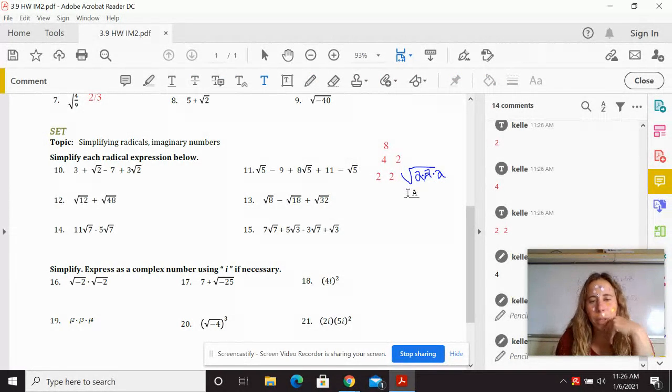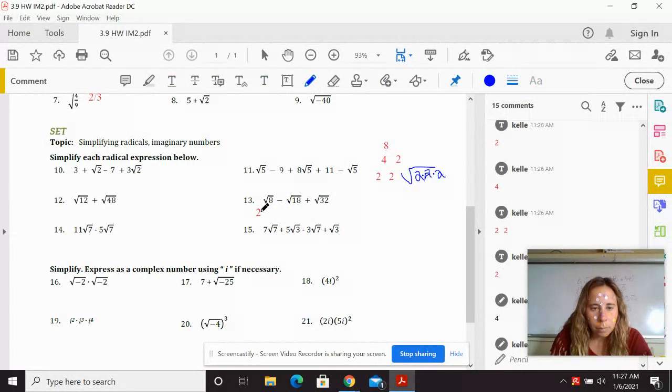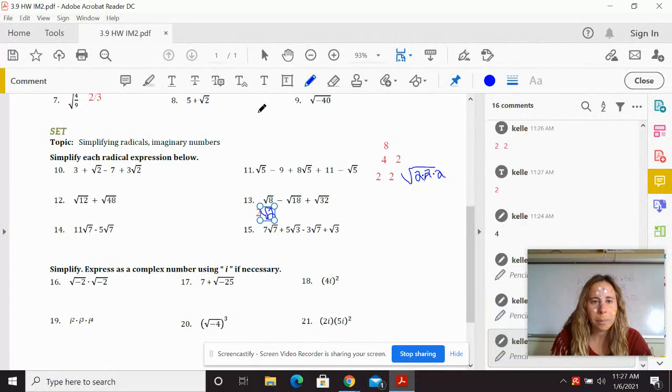So you're looking for groups of 2. So I have 1, 2, so I can pull out a 2. So 8 is now 2 square root of 2.